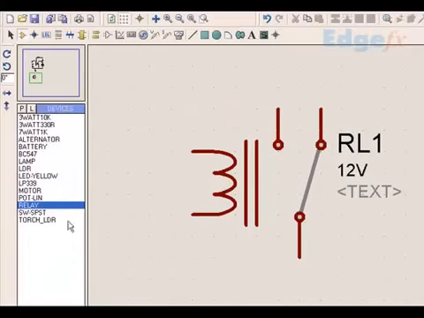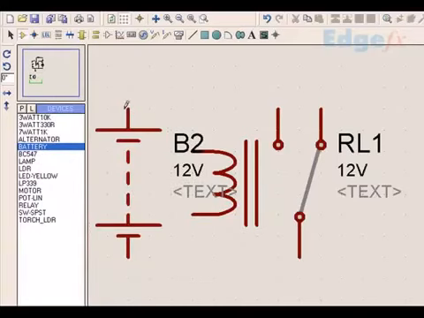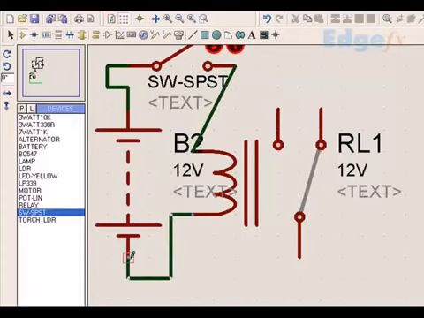Okay, so what I do, I take a battery. I put the battery here, and I take a switch. Put a switch here, and connect this to this, and connect this to this, and connect this to this. Right?